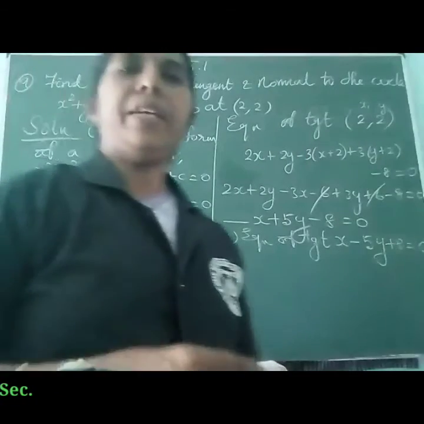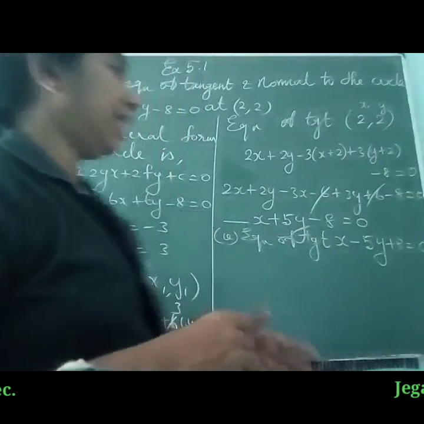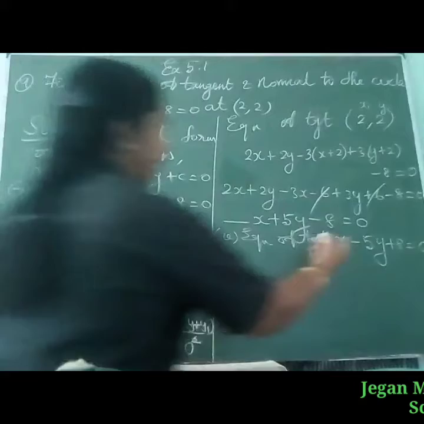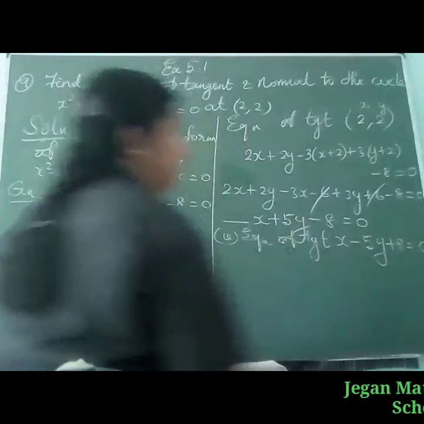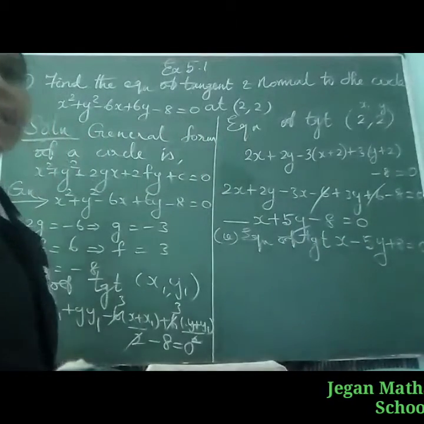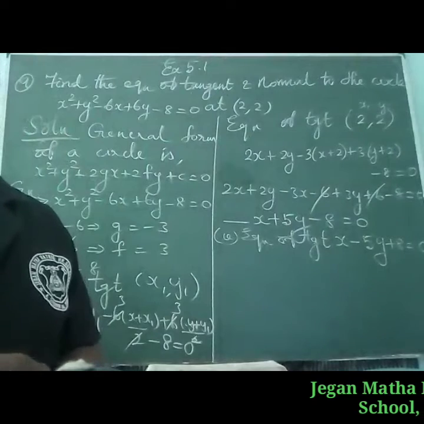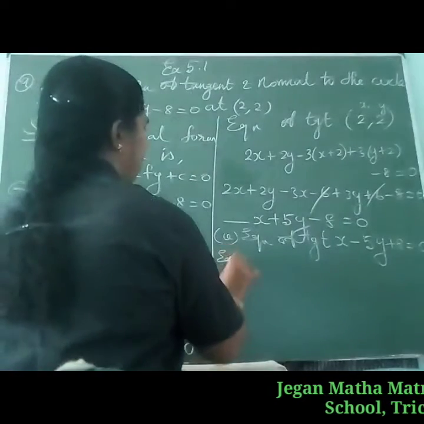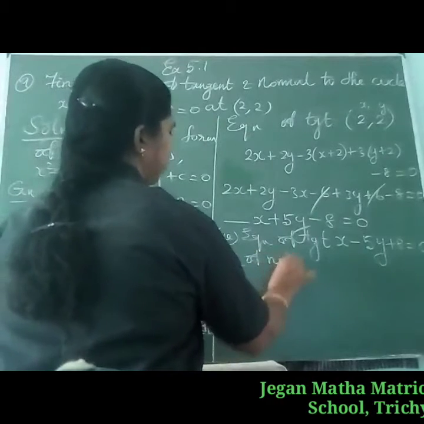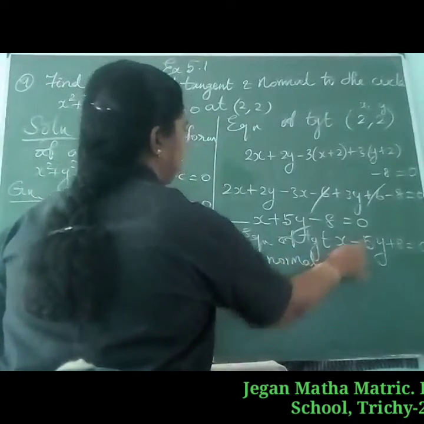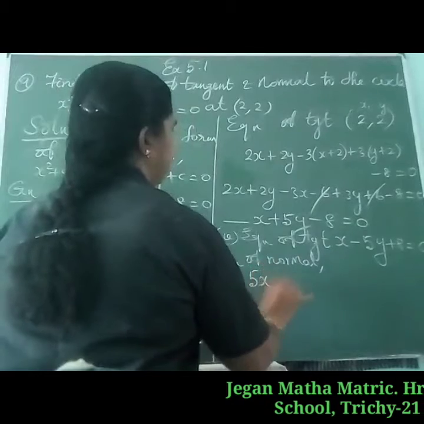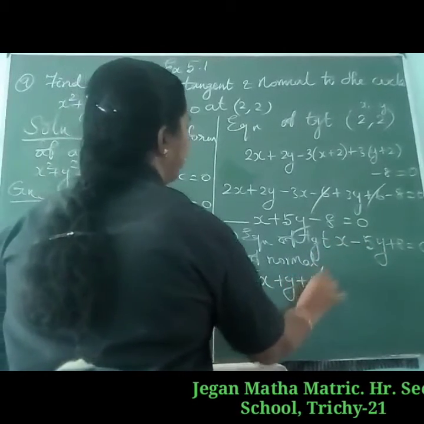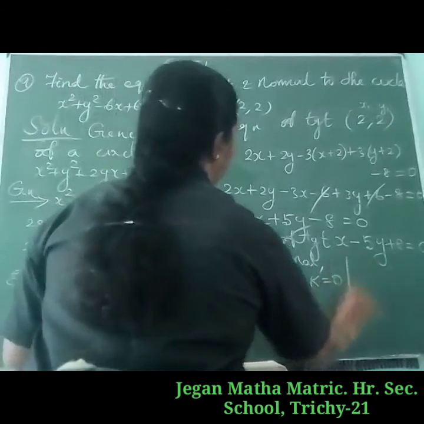We can find out the equation of normal directly from this equation of tangent. That is, interchanging the coefficient of x and y, we will get the equation of normal. So you can write the equation of normal as 5x plus y plus one constant k equal to 0.